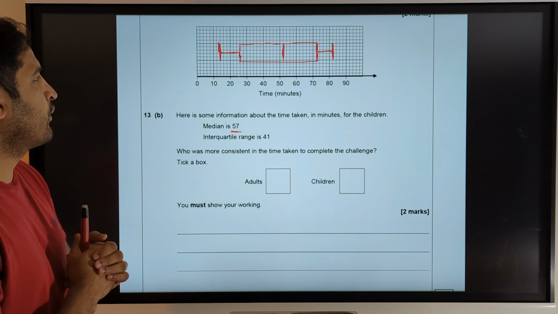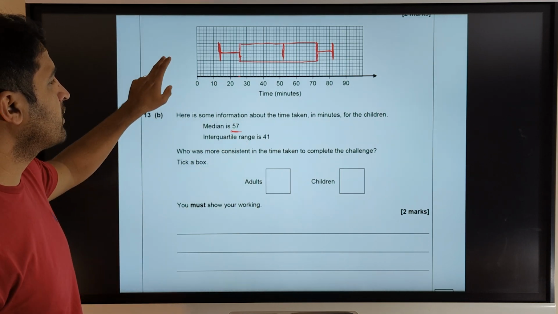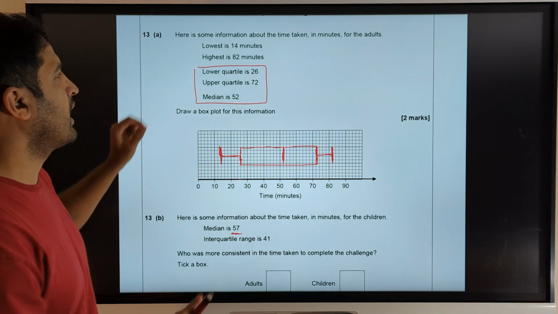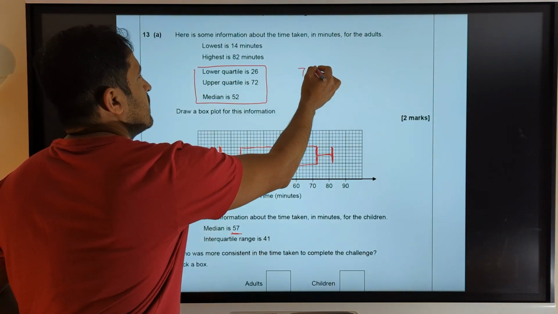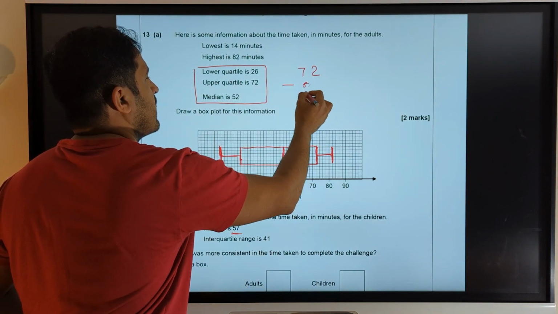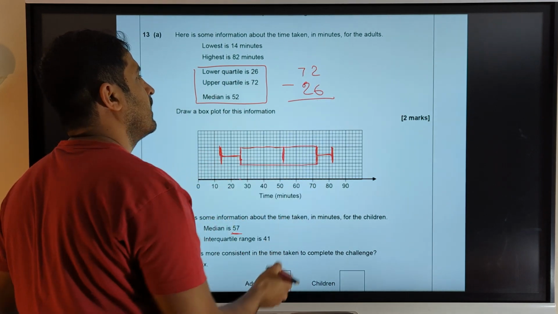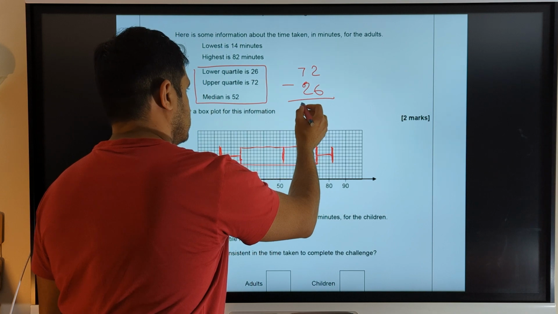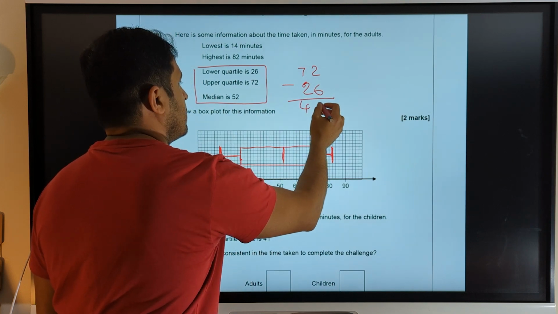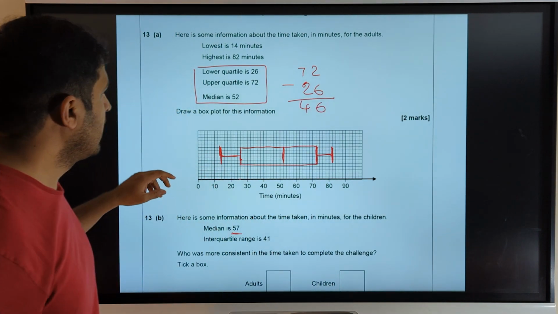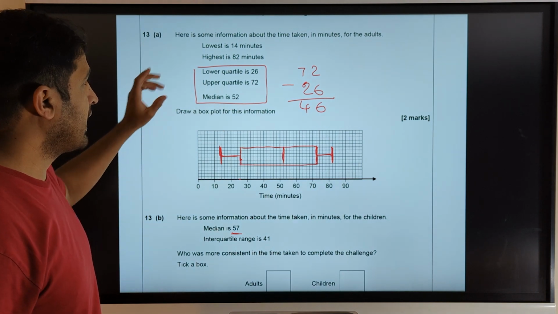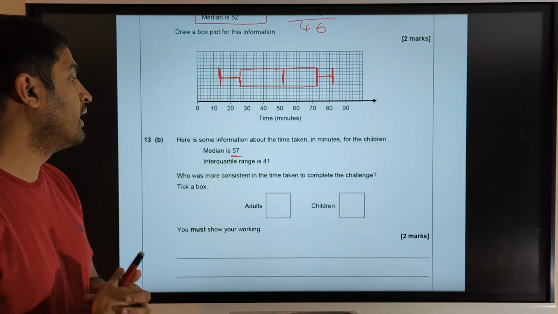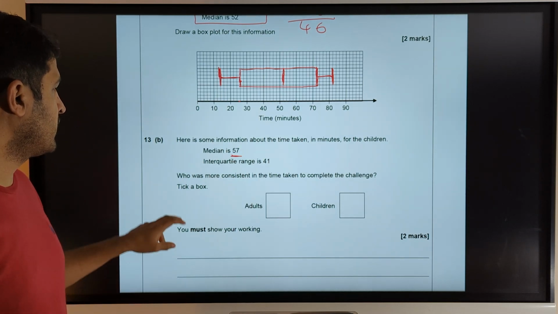And the interquartile range is 41, whereas the interquartile range, which means the difference between the quartiles, here for the adults is 72 take away 26. What would we get? 46. So the interquartile range for the adults was 46, whereas the interquartile range for the children is 41.